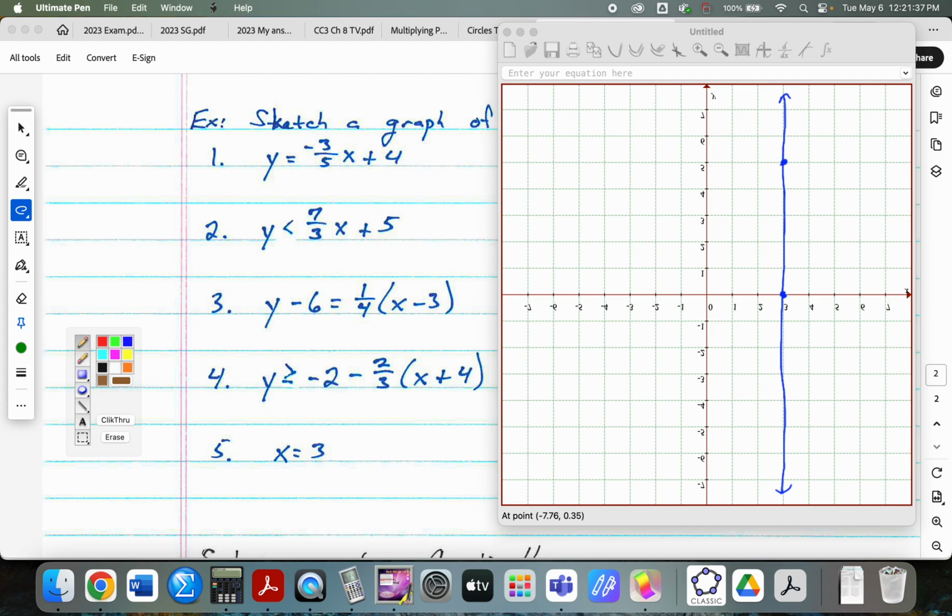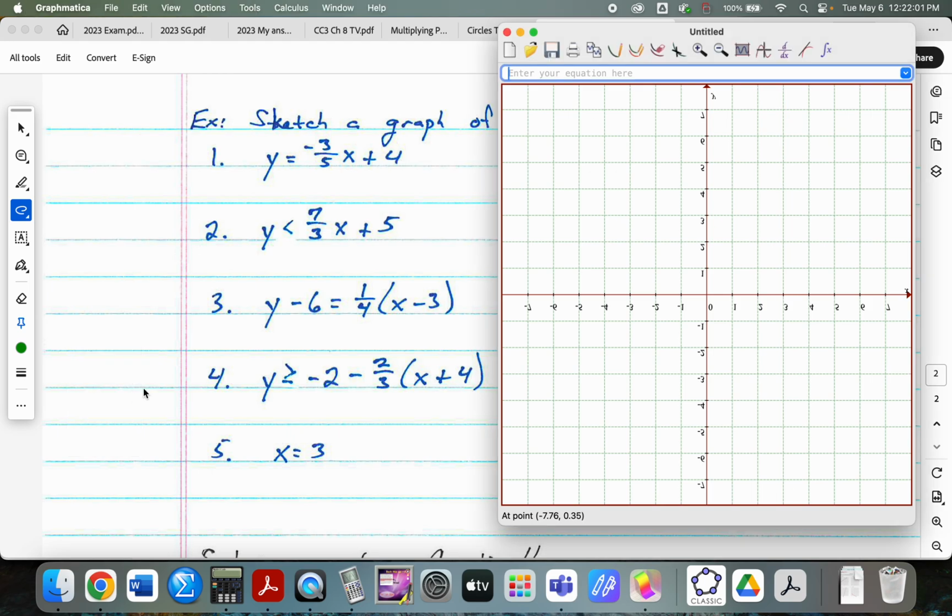It doesn't matter what point I pick on this line, what is its x-coordinate? Which is what this says. This says the x-coordinate is always 3, and we don't give a rip about what the y-coordinate is. Okay? We don't even mention it.